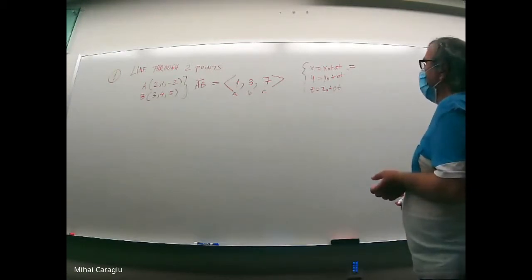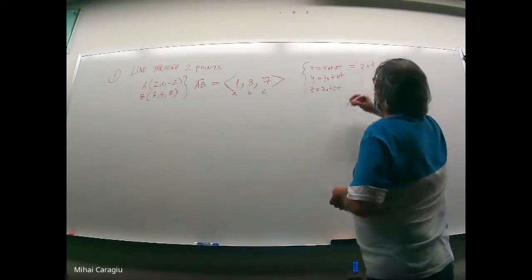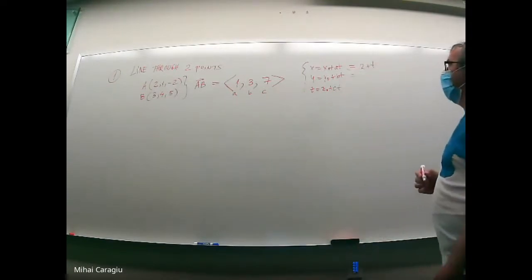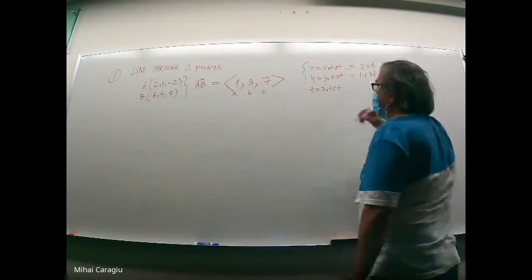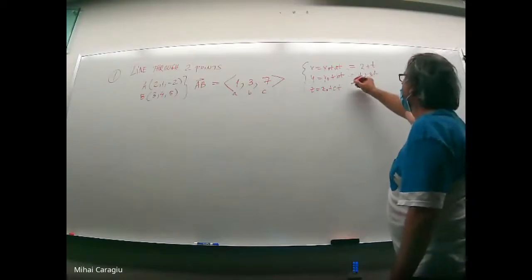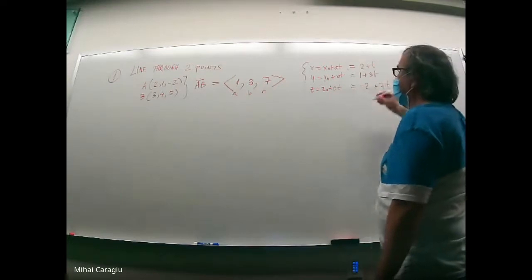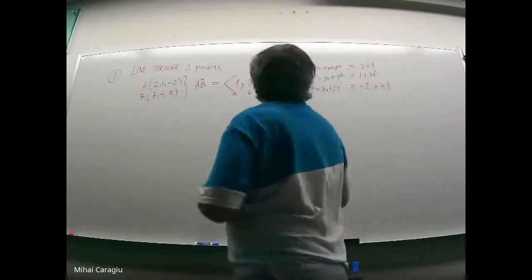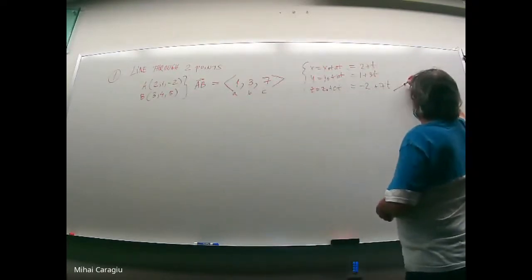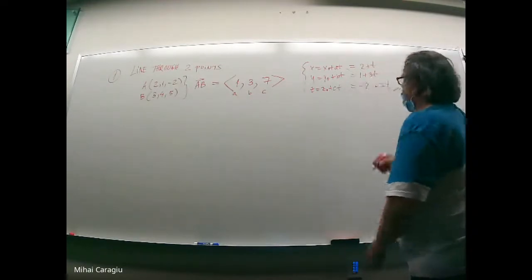So x will be 2 plus t, y will be 1 plus 3t, and z will be -2 plus 7t. So these will be the parametric equations of the line AB.